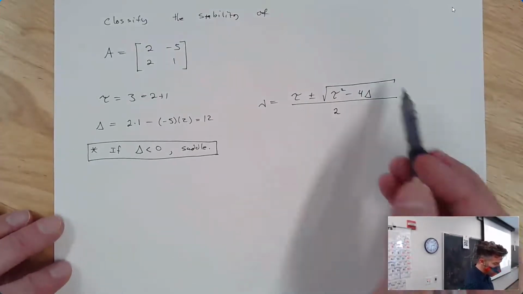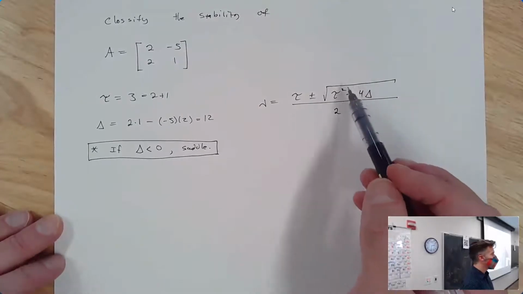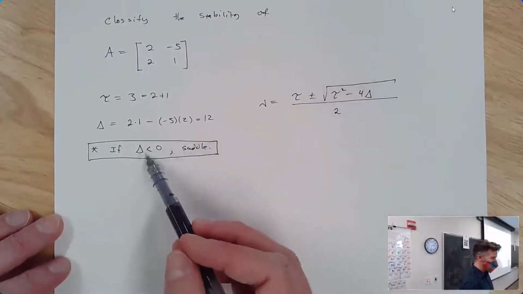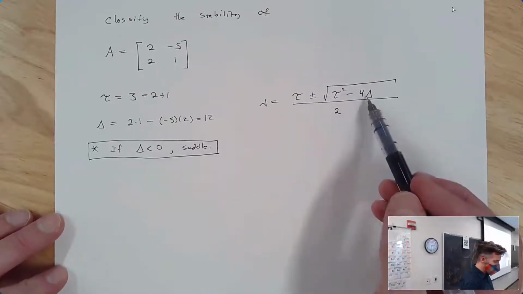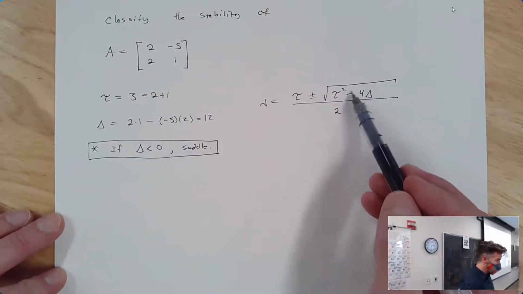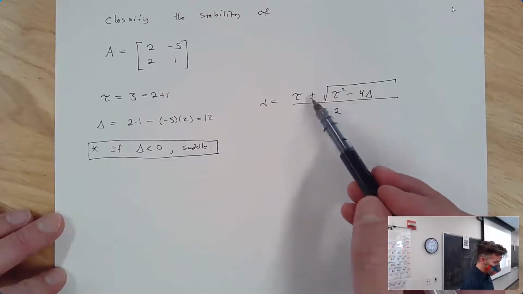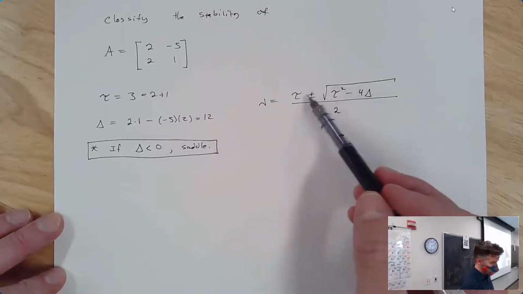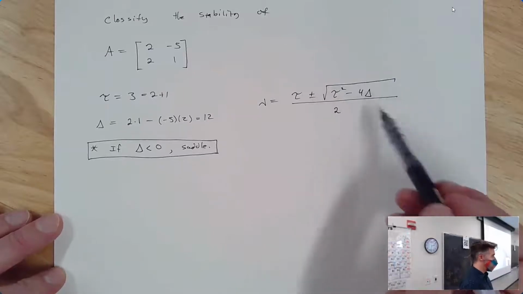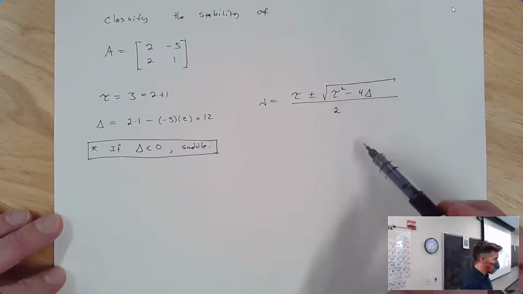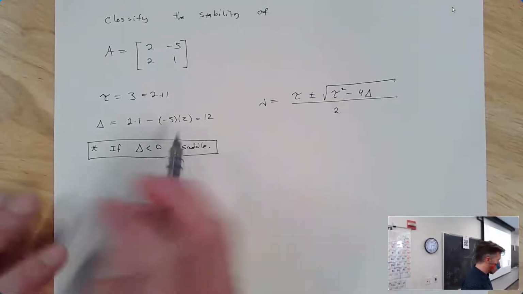Also, if you look at this, it might help you see why the determinant being negative means you get a saddle. If the determinant's negative, then this part here is positive. And so you're doing tau plus a number that's bigger than tau and tau minus a number that's bigger than tau. So you get a positive and a negative number. You can't get complex eigenvalues this way if your determinant is negative. Okay, I've said enough about that.